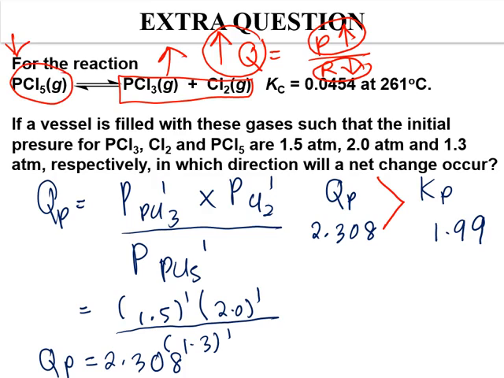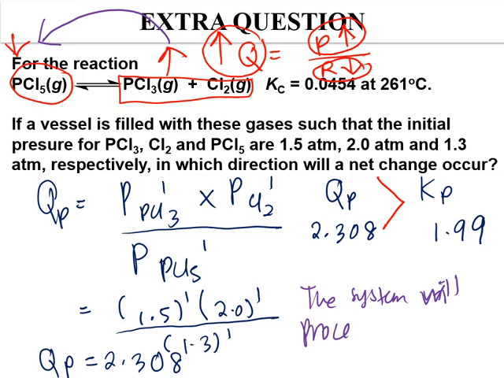Reactant ada sikit. So maksudnya sistem kita ni akan shift from the product. Produk ada banyak kan? So produk akan membentuk reactant. Okey, sebab reactant awak sikit je. So dia akan proceed, the system will proceed from produk awak belah kiri ke kanan?